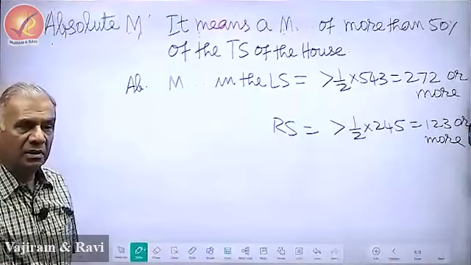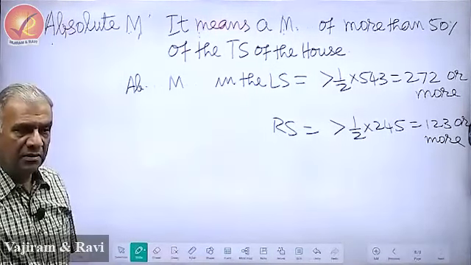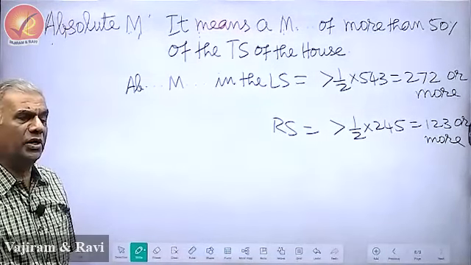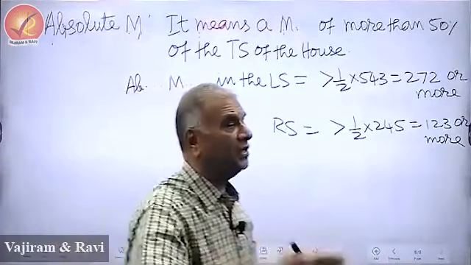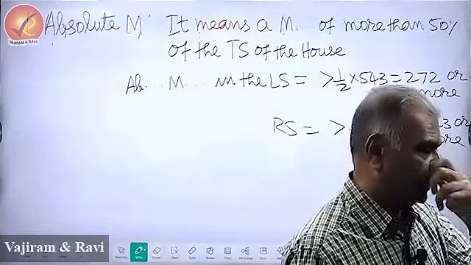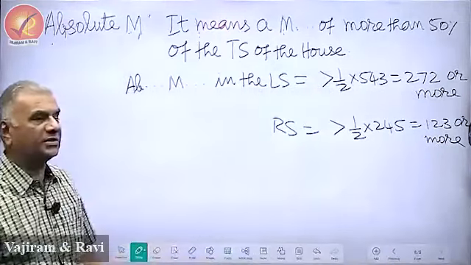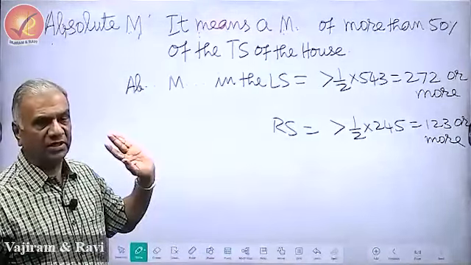With regards to the Anglo-Indian, the 2 seats that were set aside, was it amended to remove it? No, the nomination of 2 Anglo-Indian members to the Lok Sabha and assemblies was to be extended once in 10 years. The Parliament did not extend it. No amendment was made, but it was not extended. So this is absolute majority.